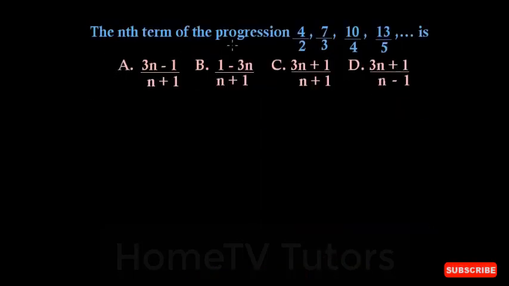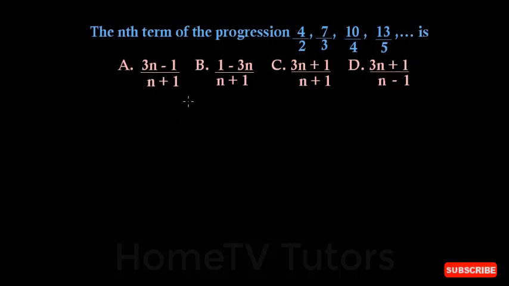The nth term of the progression of the series of fractions is what we are to find out. If you notice the numerators of this series of fractions, there's an increment of 3: 4 plus 3 is 7, 7 plus 3 is 10, and so on.